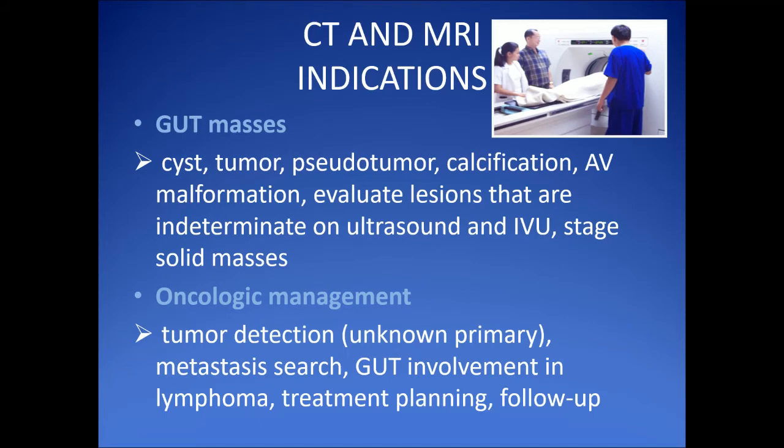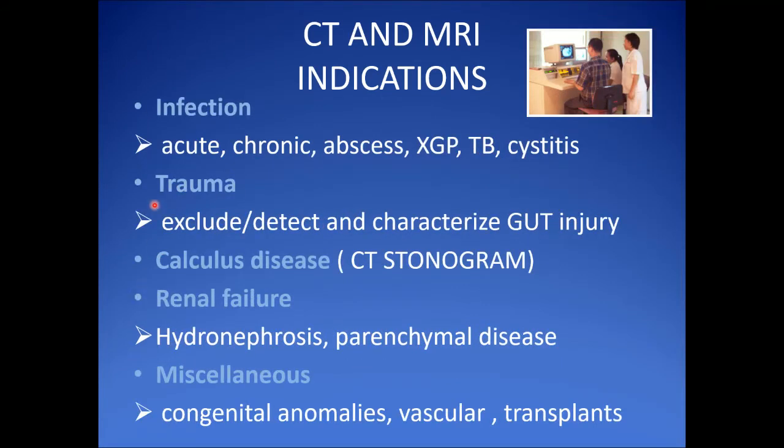Any involvement of the GUT in lymphoma, treatment planning, and follow-up. So in the presence of infections, in the presence of trauma, and if you want to detect presence of lithiasis, this is now very popular, and this is what we call a CT stonogram. The presence of renal failure, and so on.